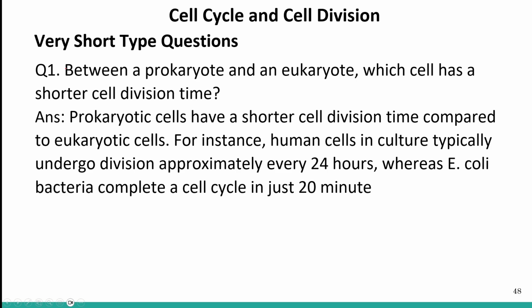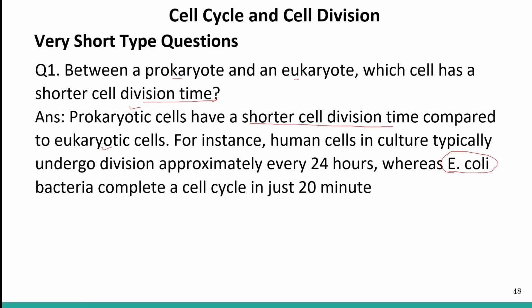Now let's talk about the very short type questions. The first is: between a prokaryote and a eukaryote, which cell has a shorter cell division time? We know that prokaryotic cells such as E. coli have a shorter life cycle or shorter cell division time as compared to eukaryotic cells such as the mammalian cell.